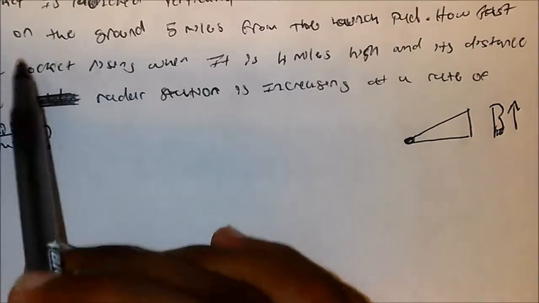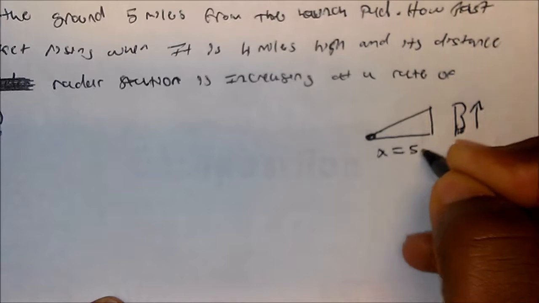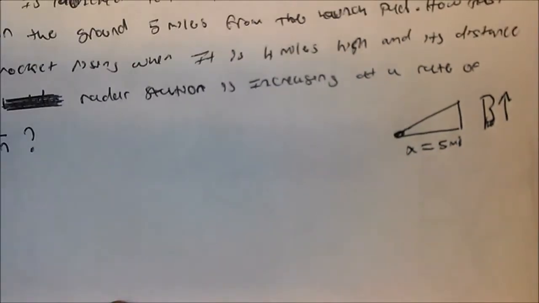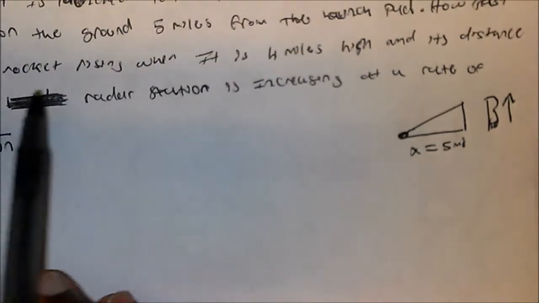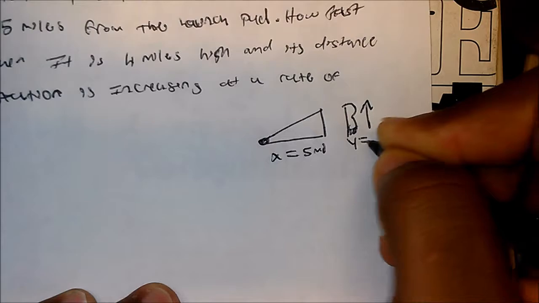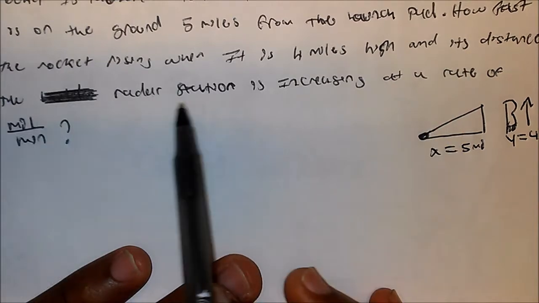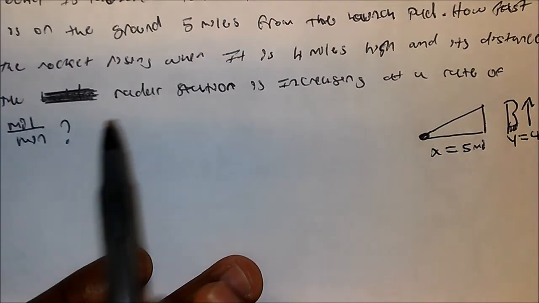So the radar station is on the ground 5 miles from the launch pad. So our x will be 5 miles here, right? How fast is the rocket rising when it is 4 miles high? So it tells us the rocket is 4 miles high. So again, our y here will be 4 miles, right? Now, its distance from the radar station is increasing at a rate of 200 miles per minute.